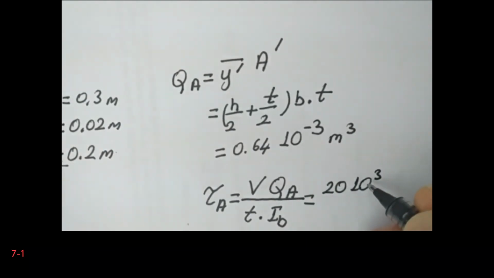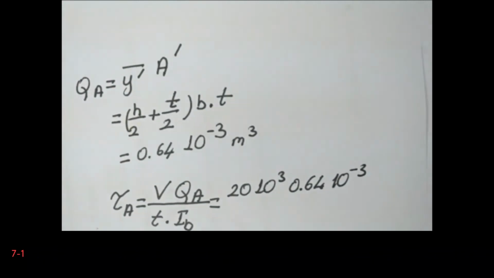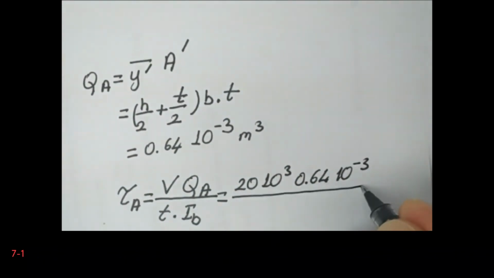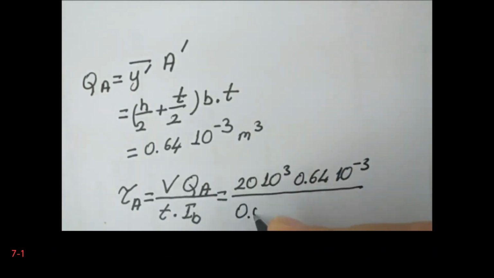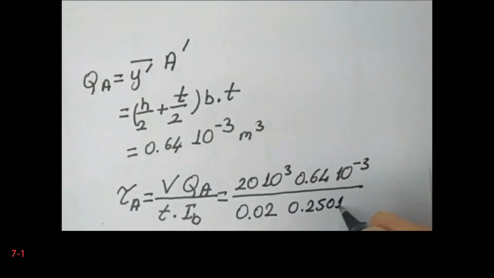Q is 0.64 10 to the power minus 3, divided by thickness 0.02, and the bending moment of inertia is 0.2501 10 to the power minus 3.